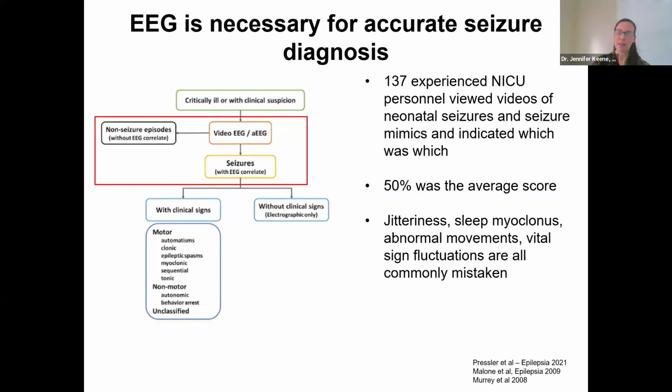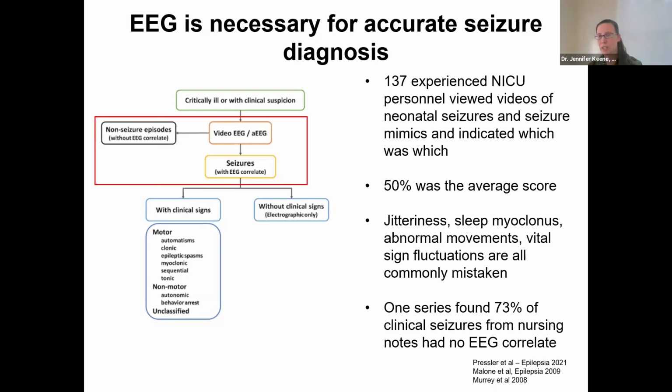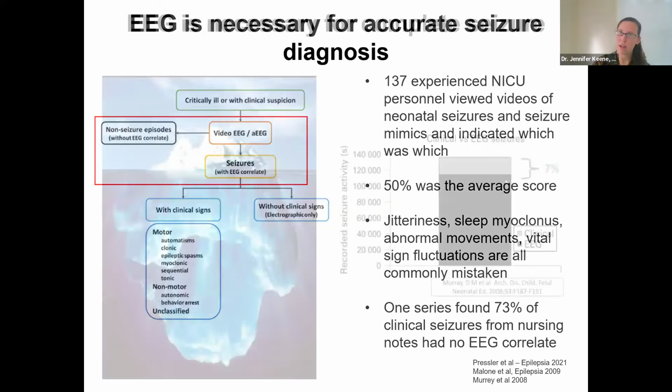And we know that many things that are commonly mistaken for seizures include jitteriness, sleep myoclonus, abnormal movements, either of an abnormal brain or secondary to all the medications we give in the NICU, vital sign fluctuations, all commonly mistaken. And in fact, in another study, when we looked at what events were identified by nursing at bedside as seizures, 73% of them were not, in fact, seizures.